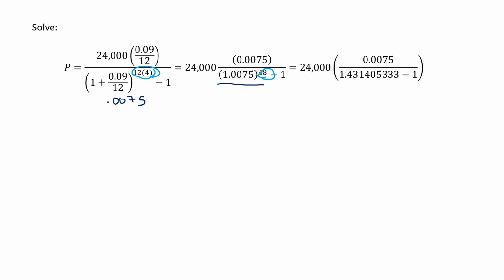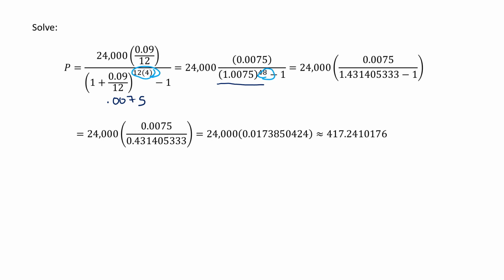And so that'll be equal to 24,000 times the numerator is 0.0075, and in the denominator, use your calculator to find 1.0075 raised to the 48 and write the entire set of digits you see on your screen. On mine, I see 1.431405333, still have minus 1.